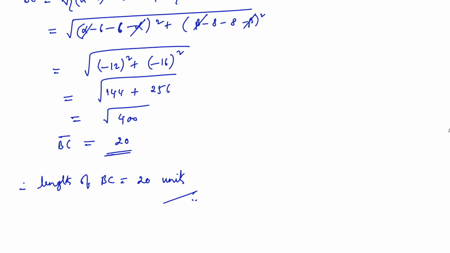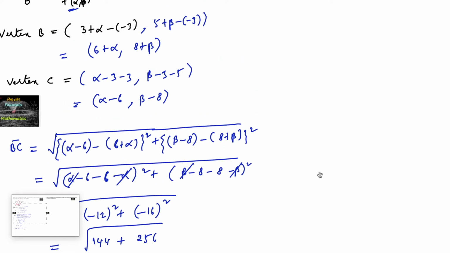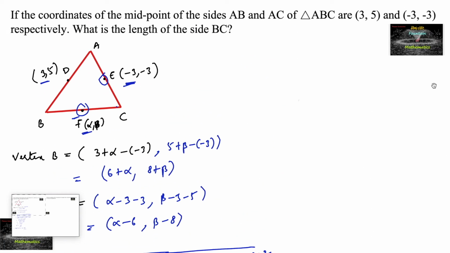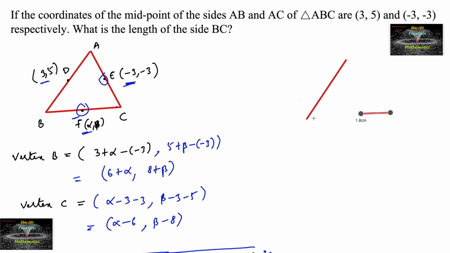So this is one way, and now let us solve by another concept, using the midpoint theorem. Let's consider the same triangle, ABC are the vertices, and the midpoint of AB is D, 3, 5, and the midpoint of AC is E, minus 3, minus 3.